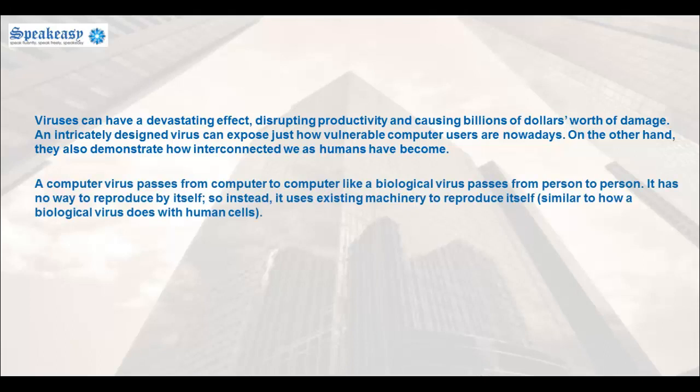A computer virus passes from computer to computer like a biological virus passes from person to person. It has no way to reproduce by itself, so instead, it uses existing machinery to reproduce itself, similar to how a biological virus does with human cells.